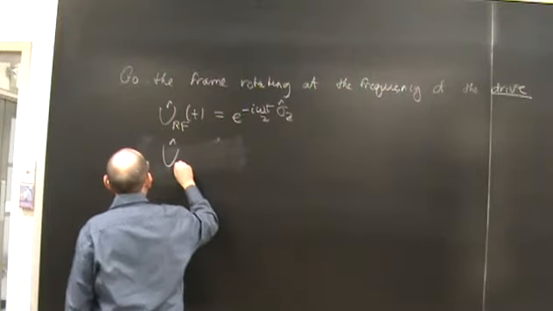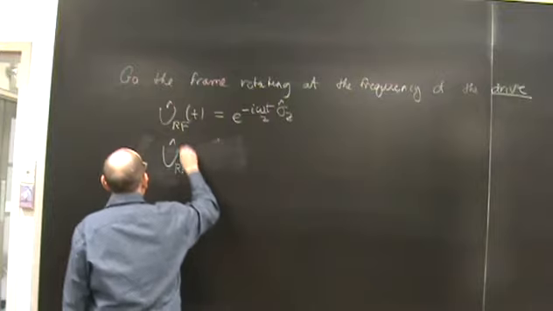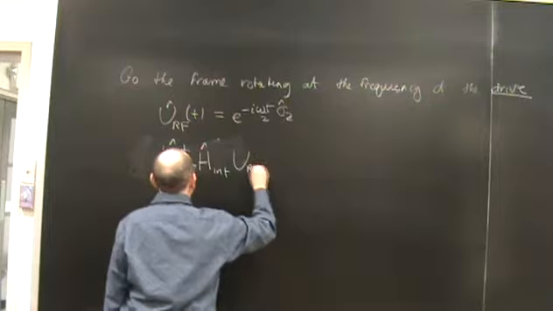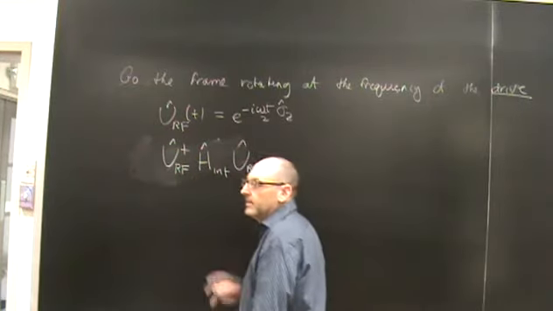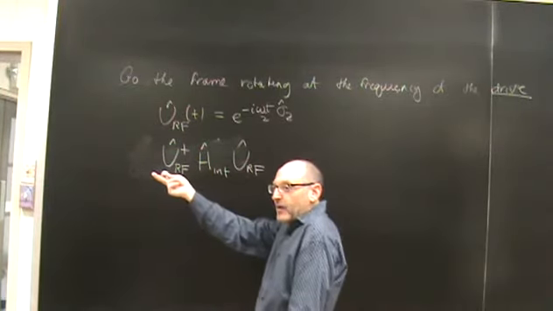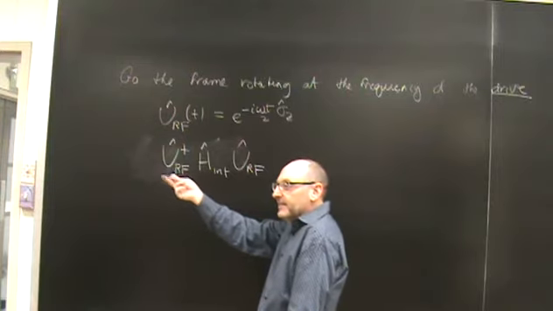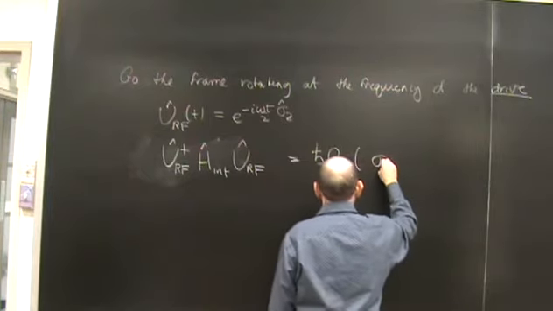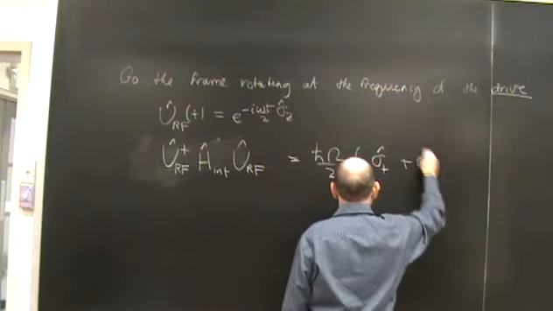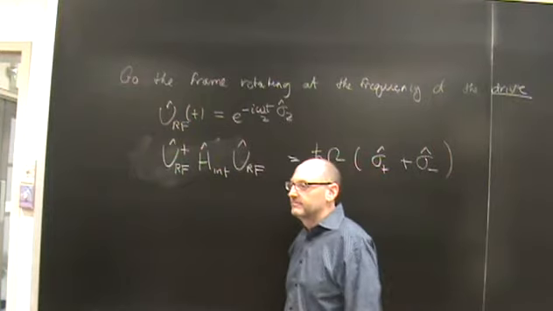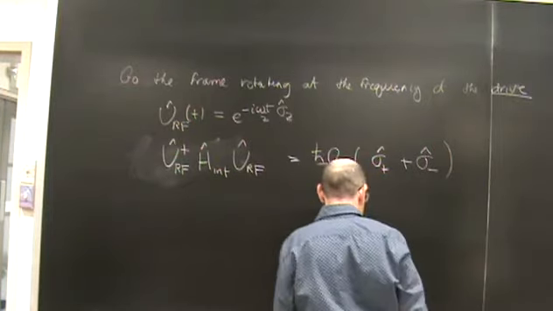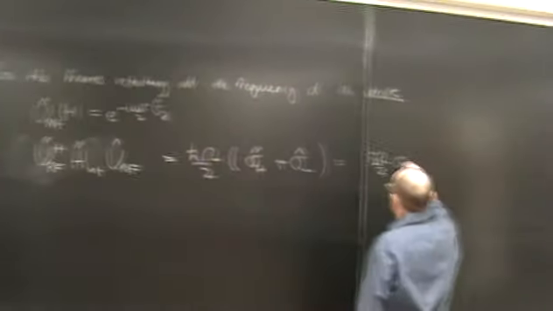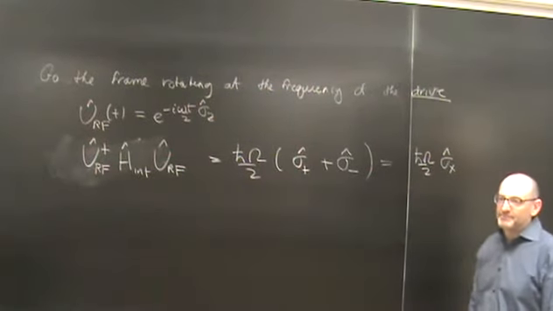Now, deal with my time dependence. It's the same thing we just did, but now omega naught equals omega, right? And this thing is now static. In fact, what it's equal to in this frame is sigma x.